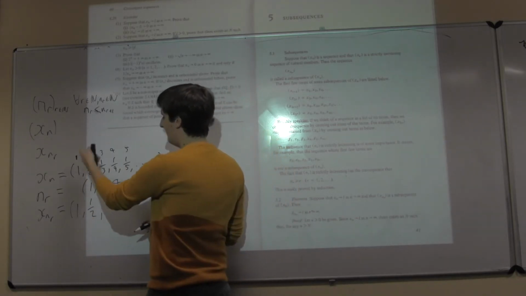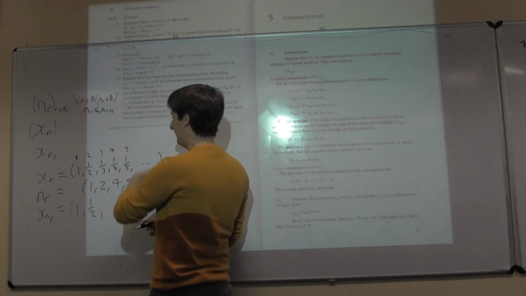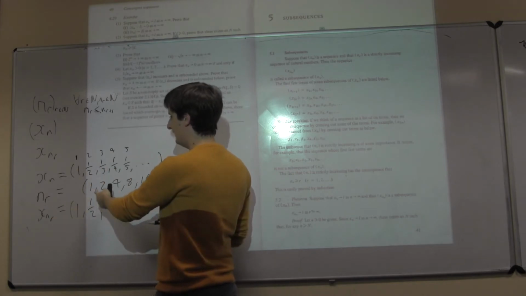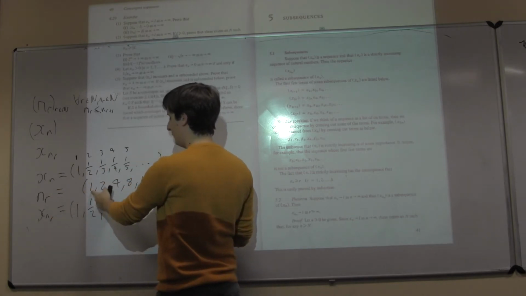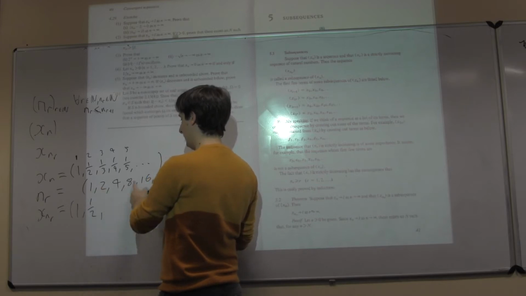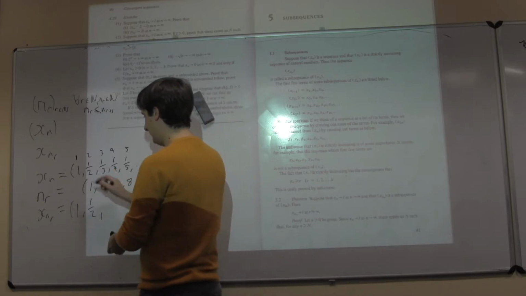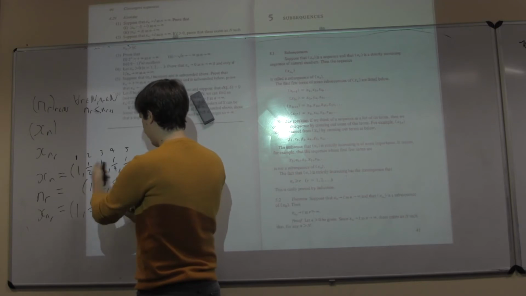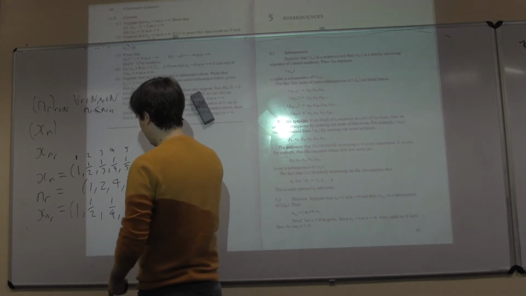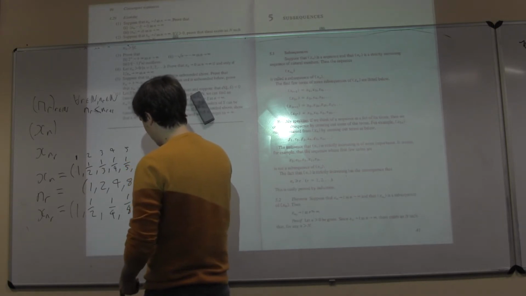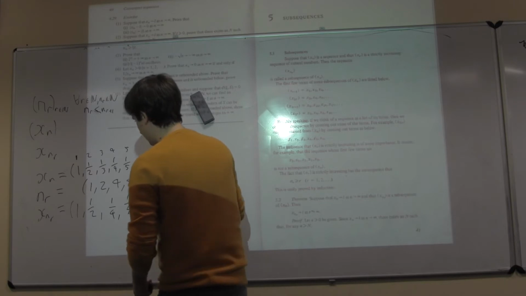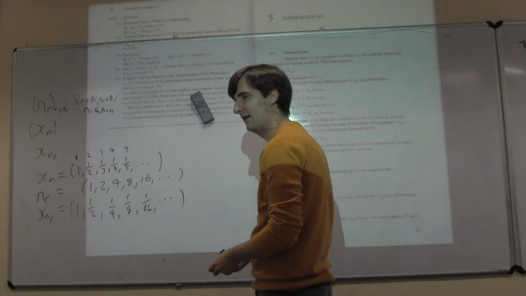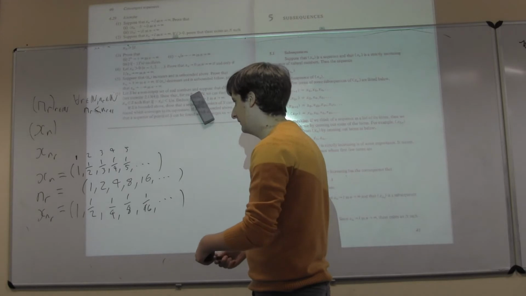So if we number like this, the way the book does, 1, 2, 3, 4, 5, rather than starting from 0, and we take this subsequence, the elements at 1, 2, 4, 8, 16, etc., then we get 1, a half, a quarter, 1 eighth, 1 sixteenth, etc. You see what we're doing?